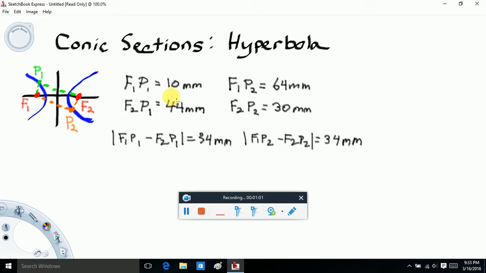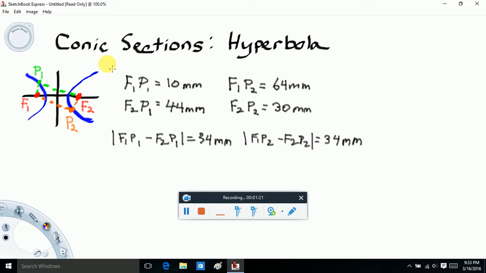If you take the absolute value of the difference, you get the same number regardless of which point you pick.